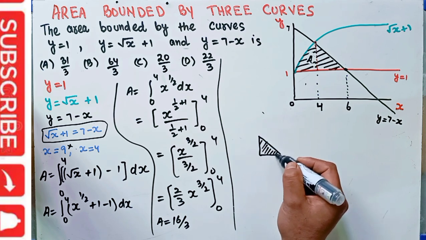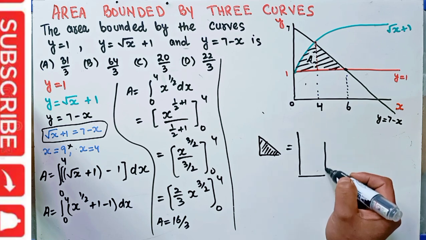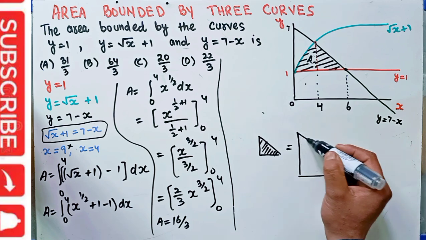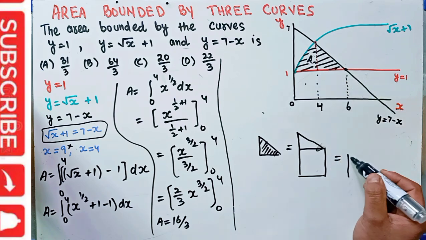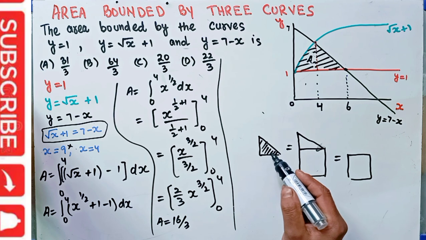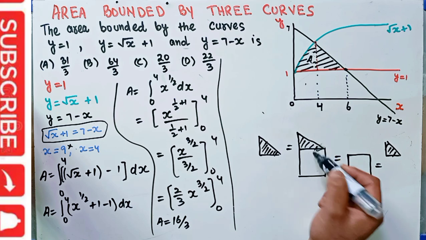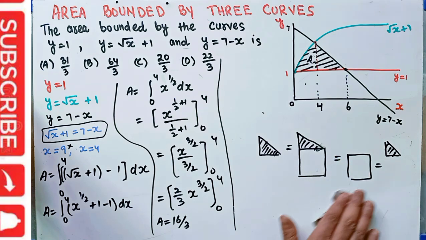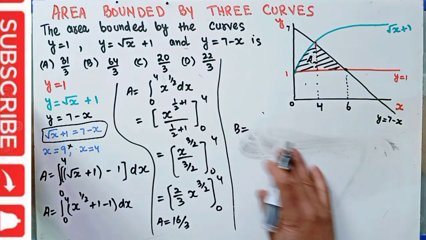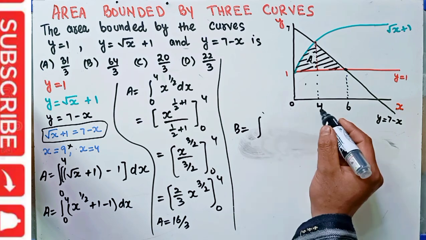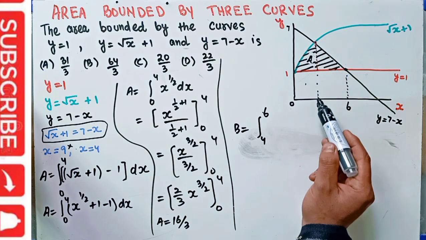To find it, first I will find the area of this whole region, and from this whole region I will subtract this white region. Then I will get this region. Let us denote the area of this very region by B. So we take the definite integral from 4 to 6 and evaluate this whole region.